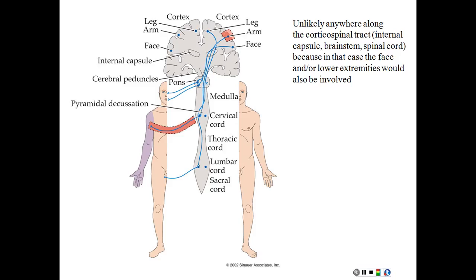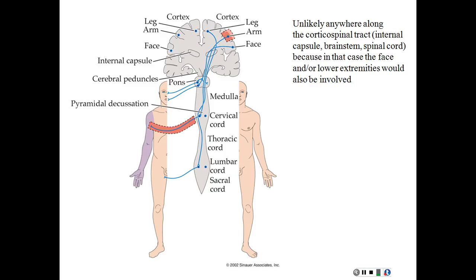So how's that one? So why is it unlikely then the internal capsule, which is this thing right here, why is it unlikely that the infarct is there? Well, if the infarct was in the internal capsule, you would have the leg affected, the arm affected, and the face affected. In fact, it's got to be in a place where we can just knock out the hand. And the only place in this pathway where we can just knock out the functioning of the hand is in the cortex.